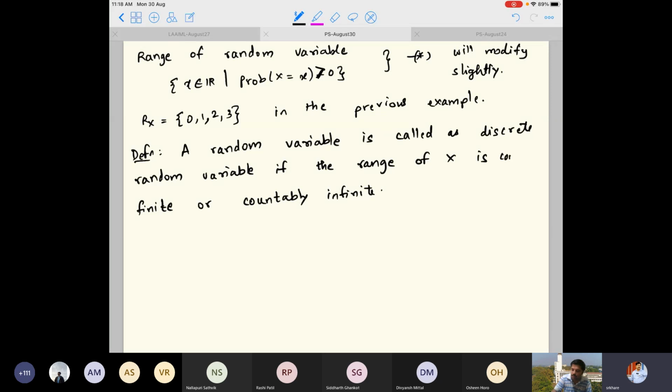To be more precise, meaning that it is a countable finite set or it is a countably infinite set. So that is what we call the range of a random variable.